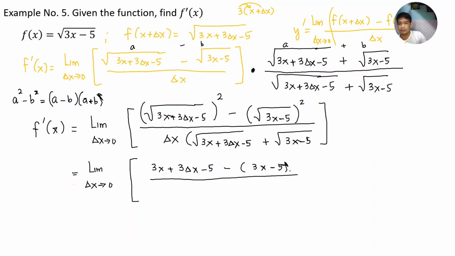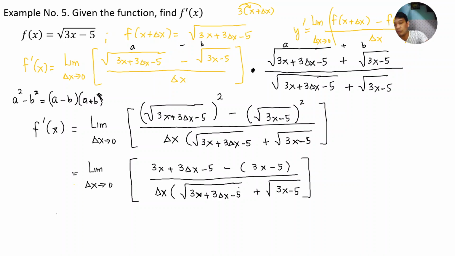All over our delta x times square root of 3x plus 3 delta x minus 5 plus square root of 3x minus 5.